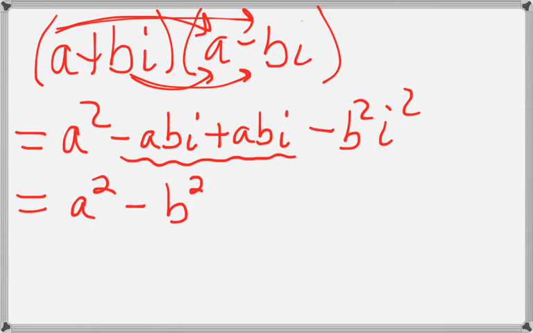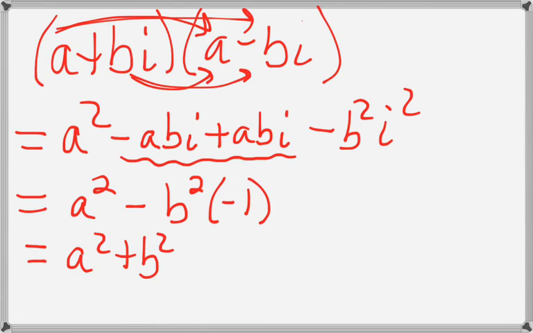Now the last term has i squared, which is equal to -1, and so we get a squared plus b squared. So we're not left with i anywhere, which means we have a real number.